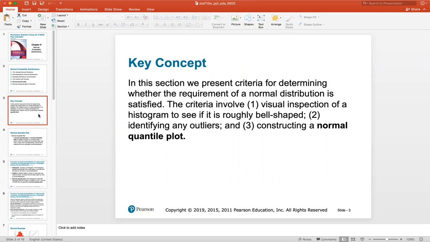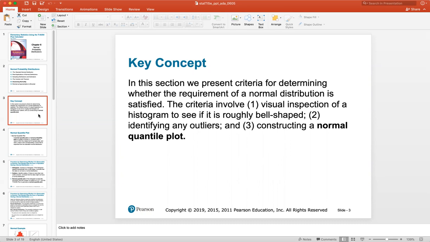Simply saying, in this section, we're going to study how to determine whether the given data is normally distributed. For given sample data, it should be the largest size of sample data.